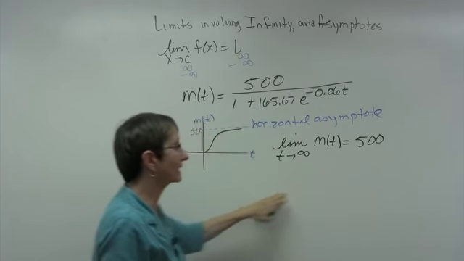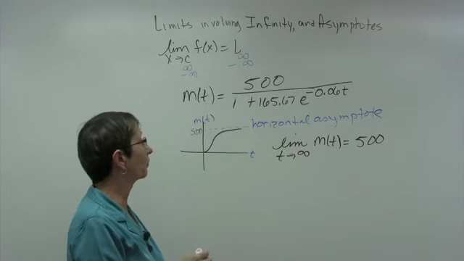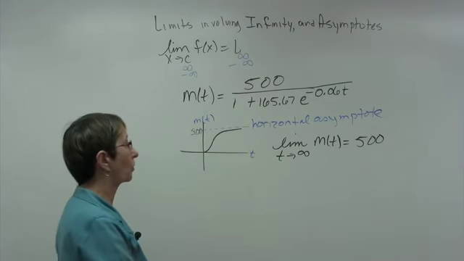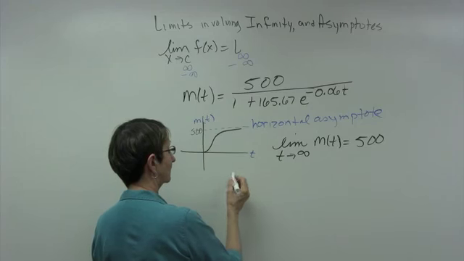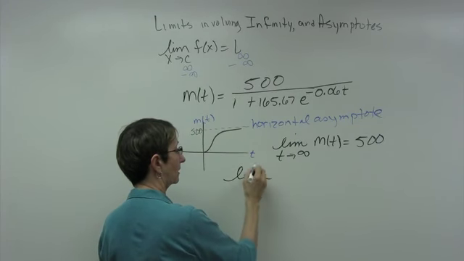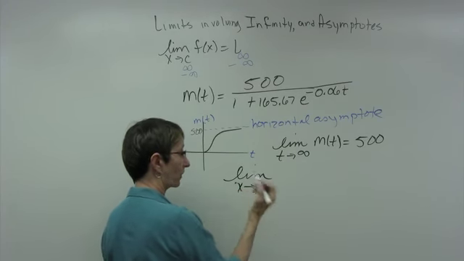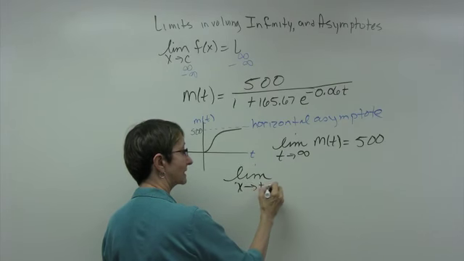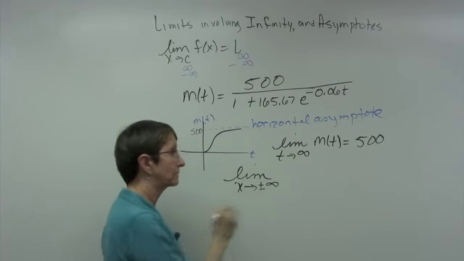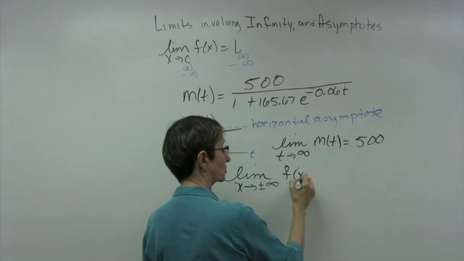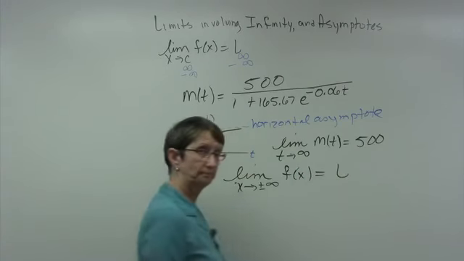And this is what gives us our definition for horizontal asymptote. We have the limit as x, or whatever your variable is, approaches either positive infinity or negative infinity of the function, and it equals a number.